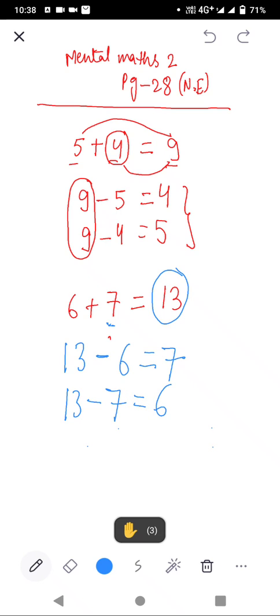So now, on page number 28, question number 1: here we have a box like this. I am telling you only the first part, then we will do the next worksheet. Here we have an addition fact, 2 plus 9 is 11.